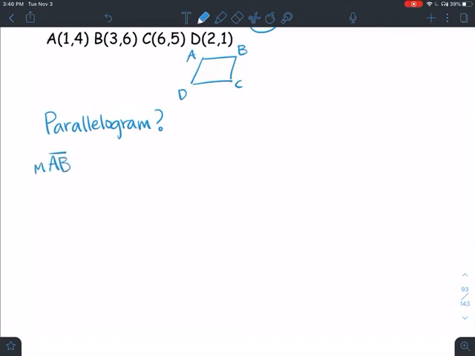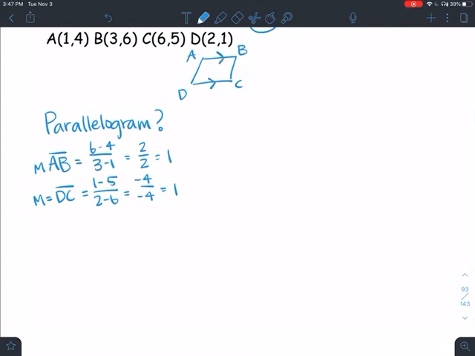Slope of AB is 6 minus 4 over 3 minus 1, which gives me 2 over 2, which is 1. Slope of DC is 1 minus 5 over 2 minus 6, which is negative 4 over negative 4, which is 1. So I do know for sure that AB and DC are parallel.